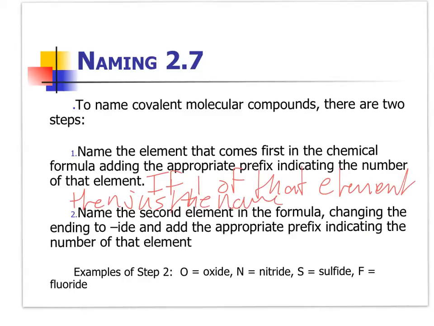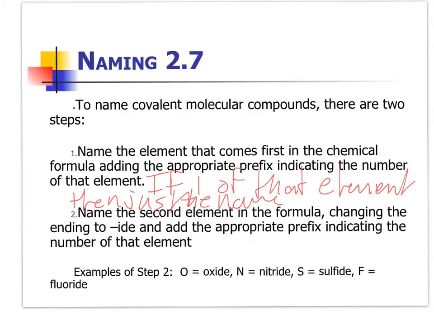So it's important that we pay attention to those little things. I've seen it in some places where mono for the first one is fine, but the IUPAC does suggest that you just name the element.